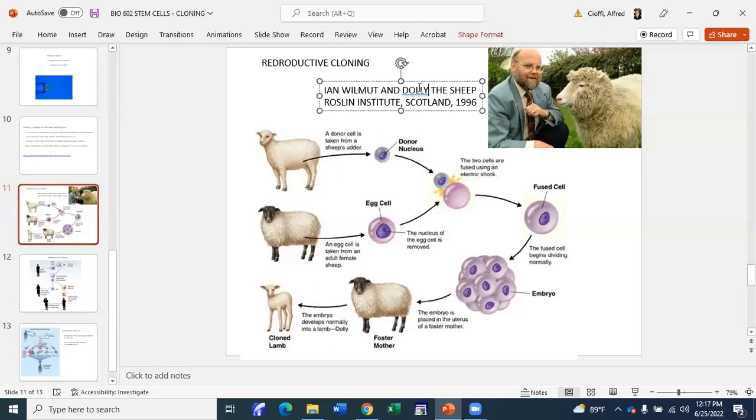Why is Dolly called Dolly? Why was the first cloned mammal called Dolly? Dolly Parton, the singer. Yes, indeed. This is for posterity. Think about this, this is in the history of humanity for posterity.